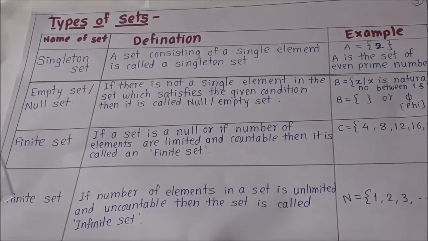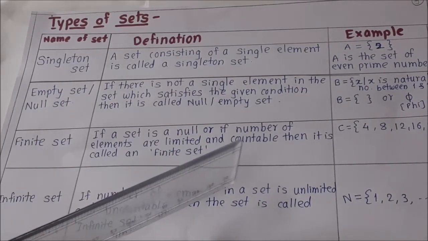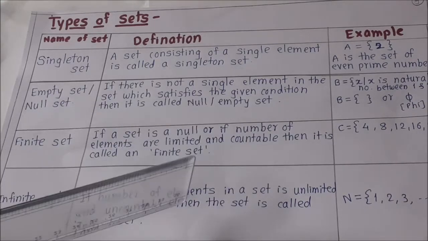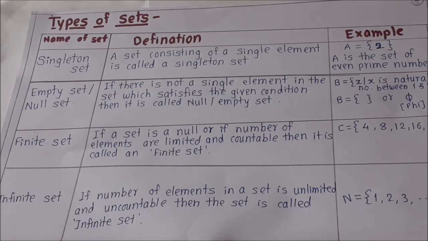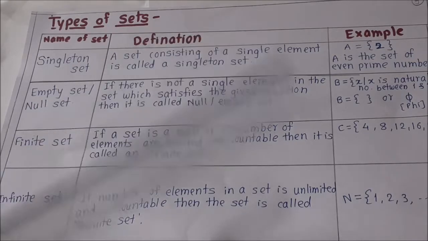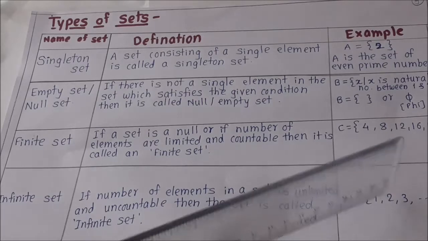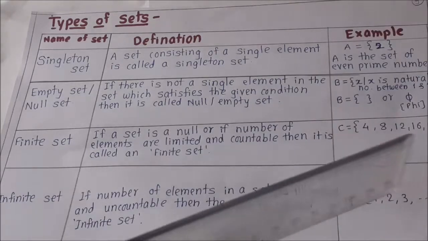Fourth type, infinite set. Definition: if the number of elements in a set is unlimited and uncountable, then the set is called an infinite set. For example, the set of natural numbers. Natural numbers start from 1, but we cannot say which one is the last number.